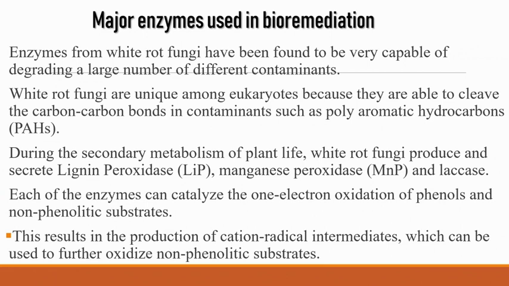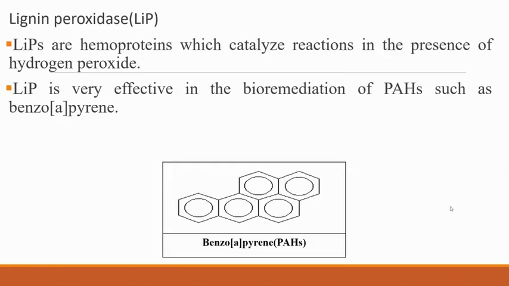I hope you take note of the enzymes. The result is the production of a cation radical intermediate, which can be used to further oxidize non-phenolic substrates. The lignin peroxidases are hemoproteins which catalyze reactions in the presence of hydrogen peroxide.